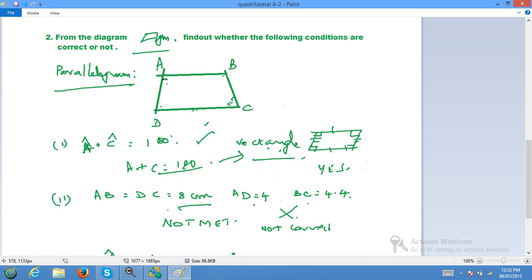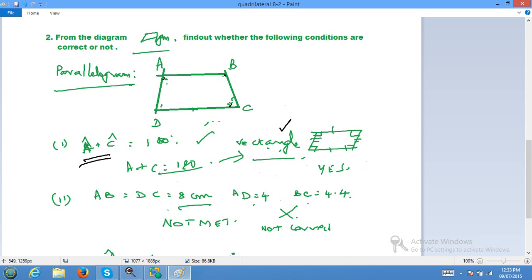In a parallelogram, can angle A plus C be 180? It can be. That means it's a rectangle. If this is 90, this is 90, this is also 90. That is possible. So this possibility is that it's a rectangle.